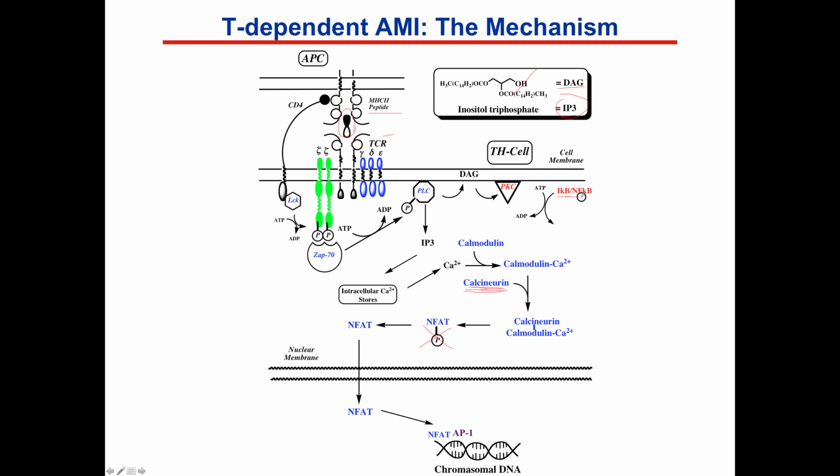So this molecule here is not active because it's inhibited. But once protein kinase C acts on the inhibitor and phosphorylates it, that releases the NF-kappa B.